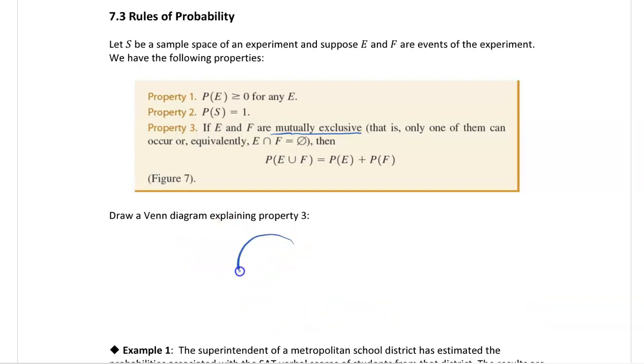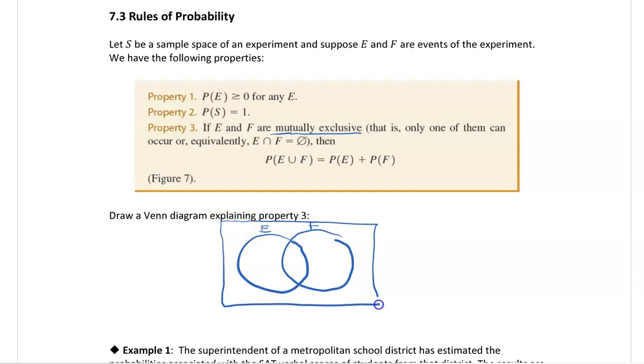We have event E and event F, and we represent them as sets, and we draw a box to represent the whole sample space, because the sample space is our universal set.